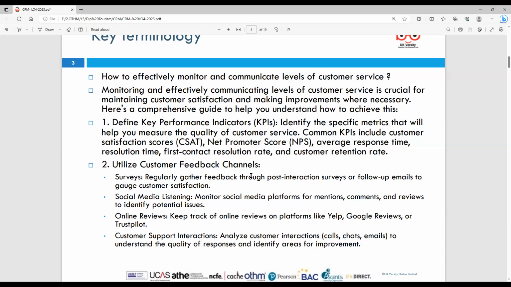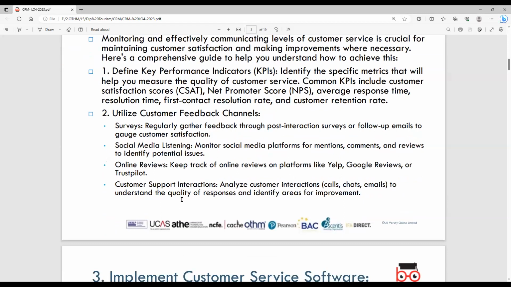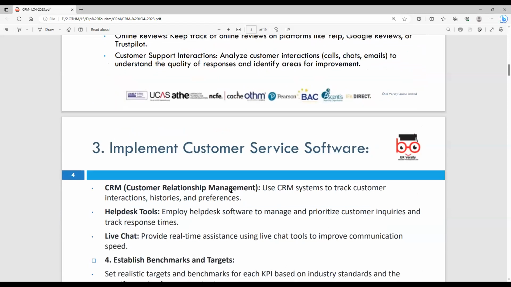Then we look at the customer feedback channels through which they communicate to the businesses, like online surveys, feedback, reviews and customer support interactions. And how do we implement this in CRM software?